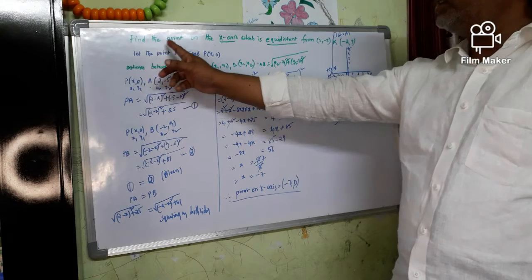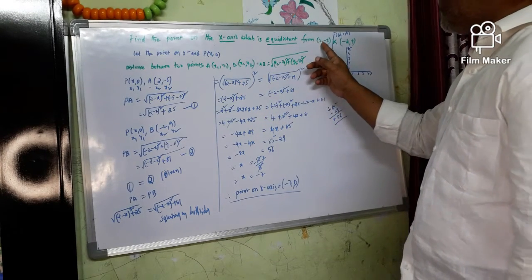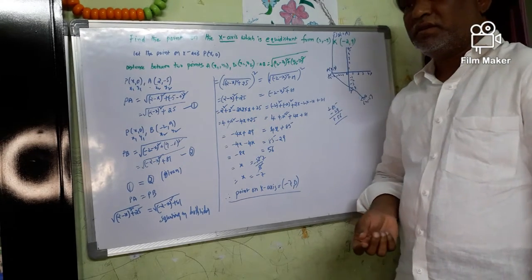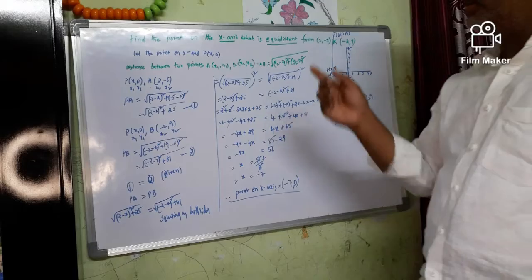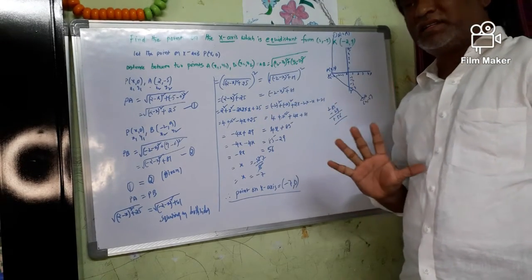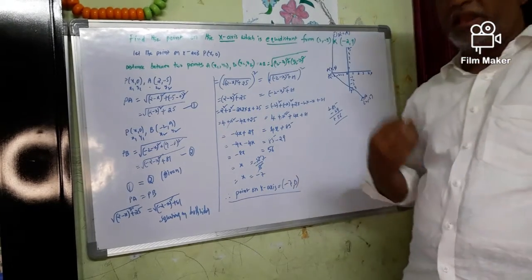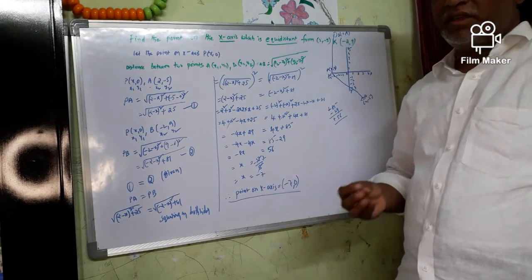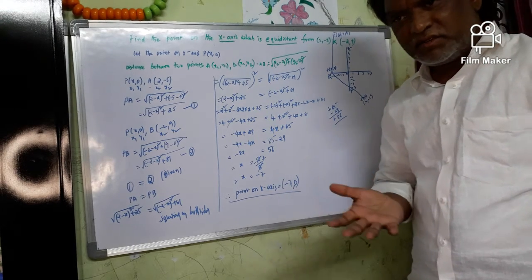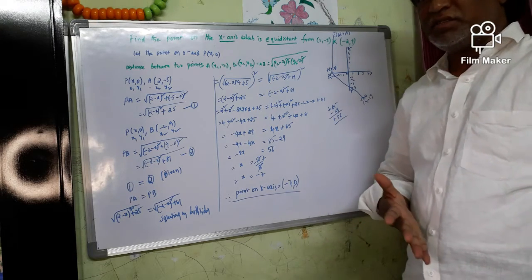The question is: find the point on the x-axis which is equidistant from (2, -5) and (-2, 9). For a point on the x-axis, y is equal to 0; for a point on the y-axis, x is equal to 0.